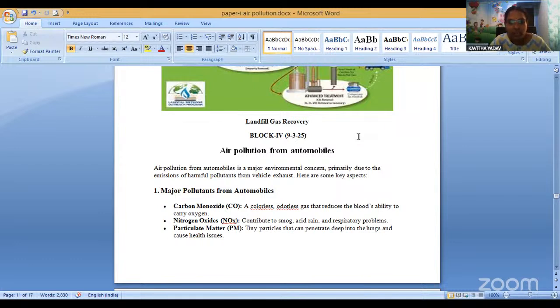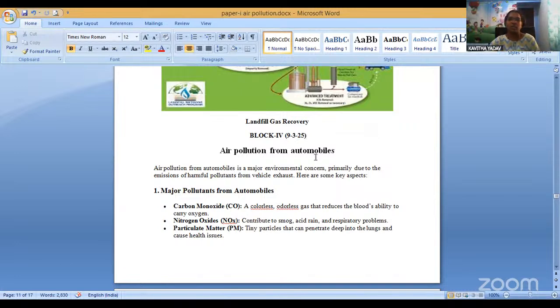Next, nitrogen oxides contribute to smog, acid rain, and respiratory problems. Third, particulate matter, PM, tiny particles that can penetrate deeply into the lungs and cause health issues.